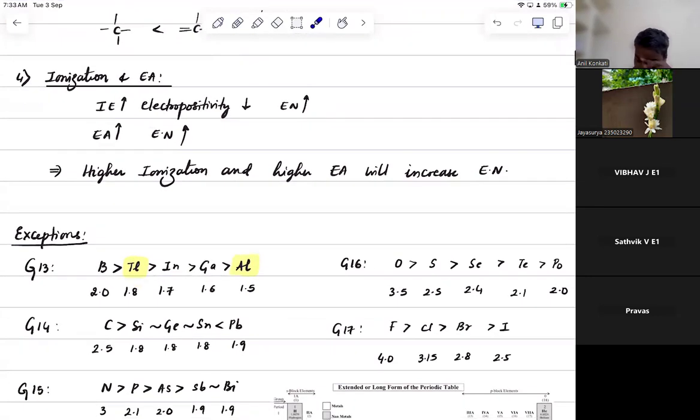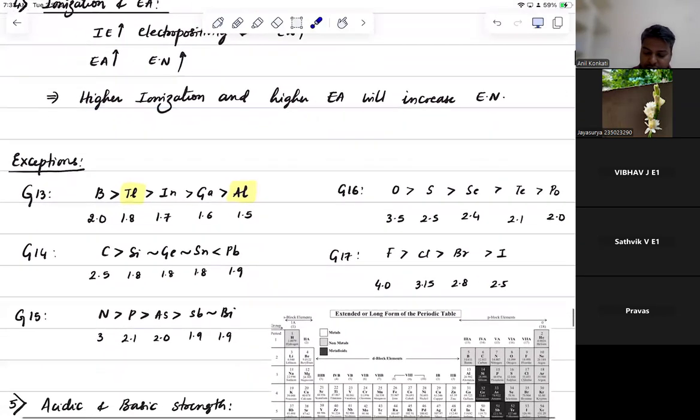Next, if ionization energy increases, electropositivity decreases and electronegativity increases. If electron affinity increases, electronegativity will increase. Higher ionization energy and higher electron affinity increase the electronegativity.